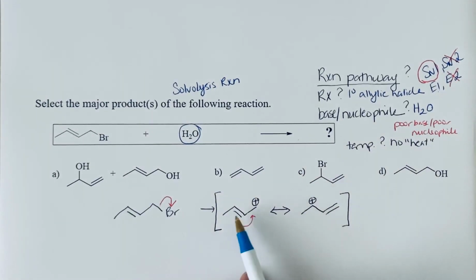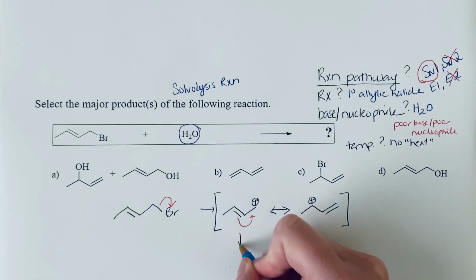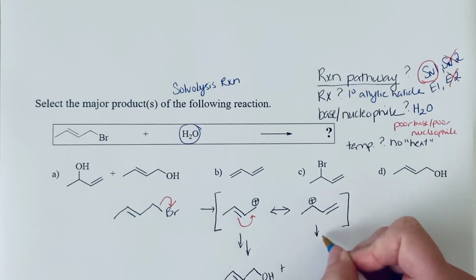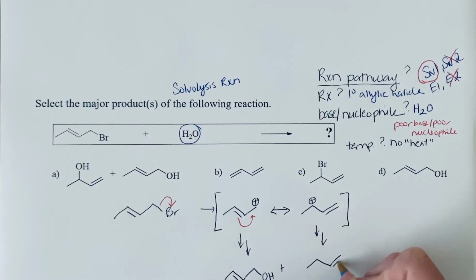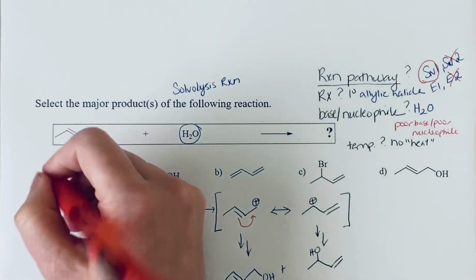And since we have these two resonance structures, this indicates to us that we have two carbon atoms that are electrophilic. The water could add to either one of those, giving us this alcohol and this alcohol. So we would have a mixture of these two products, which is option A.